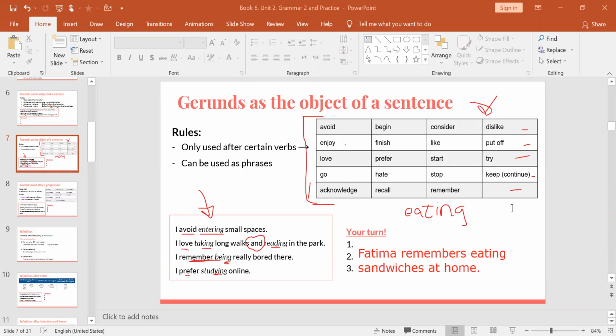So Fatima is the subject, remembers, and then eating sandwiches at home. So eating sandwiches at home is functioning as an object, and eating is a verbal noun. Okay. Okay, so let's move on to the next.